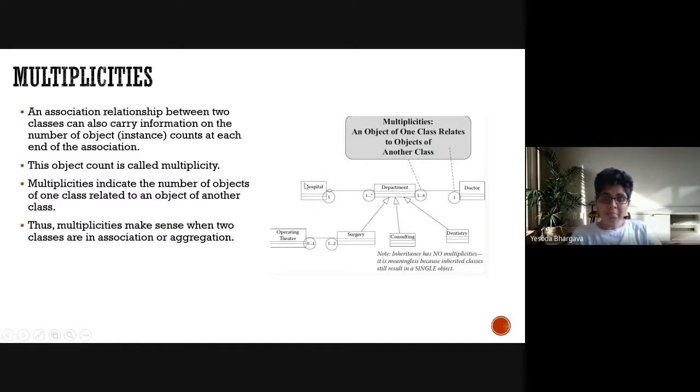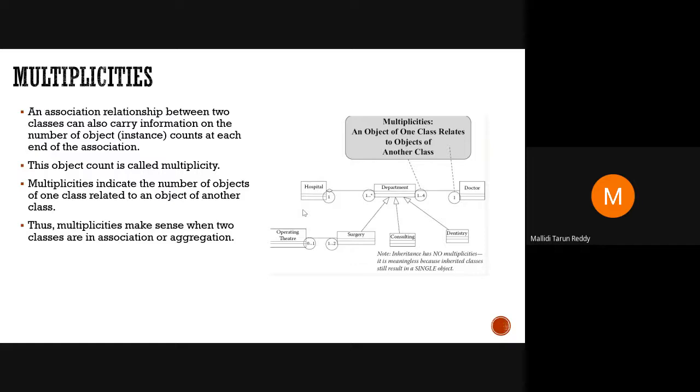Now if you look at this diagram, how do you interpret the relationship between hospital and department? What is the nature of the relationship? What does that sign between hospital and department mean? One to many.